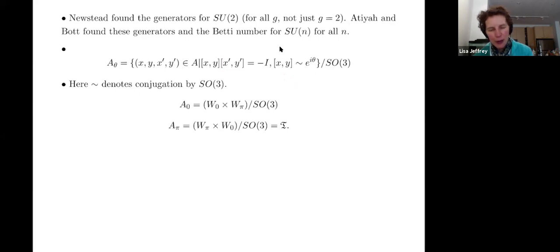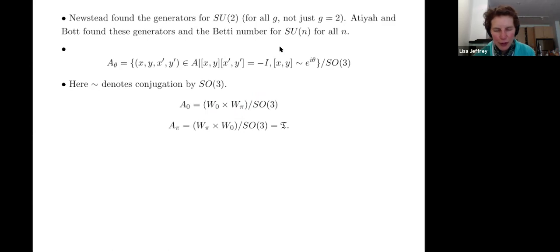So we see that A sub 0 is W, the notation W was introduced for tuples G and H where the commutator of G and H was equal to the identity. And this one would be where the commutator of G and H is equal to minus the identity.